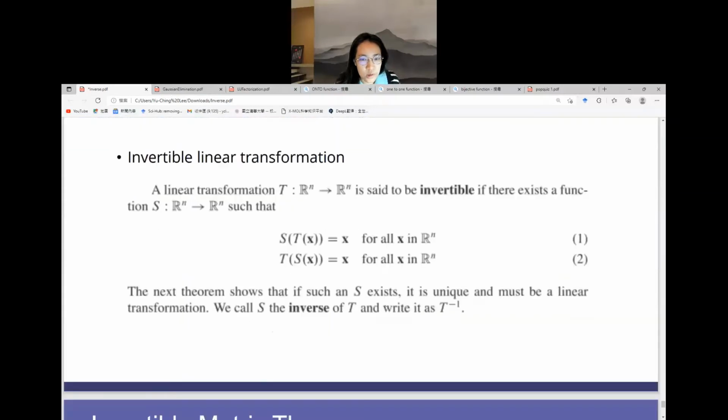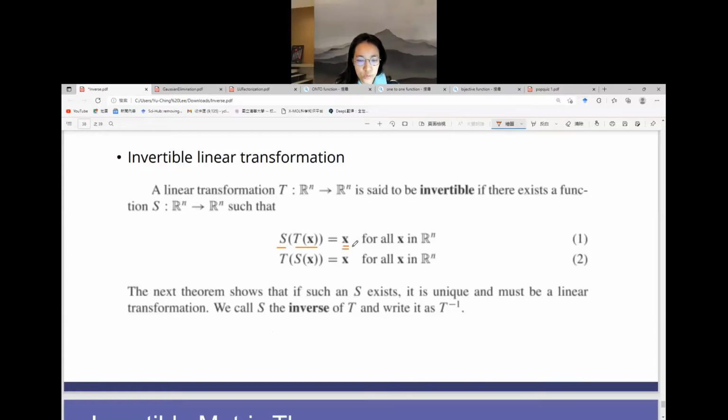And so the statement says that a linear transformation T is said to be invertible if there exists a function such that you can do the linear transformation again, and then that will undo what has been done in the T function. Undo.